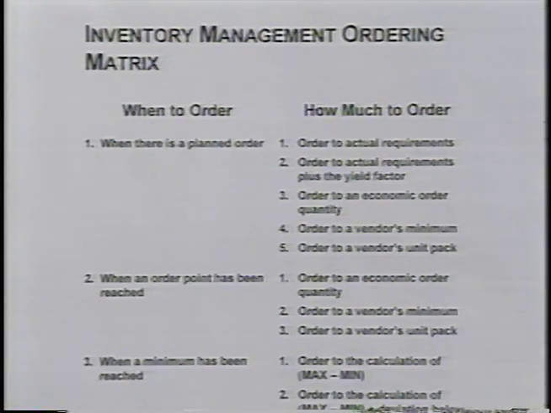We order to order, we order to order plus a yield factor, and we'll describe that in a moment. We order to an economic order quantity, we order to a vendor's minimum or to a vendor unit pack. When we reach an order point, we have 3 answers to how much. When we establish an economic order quantity, or we use a vendor minimum or a vendor unit pack.